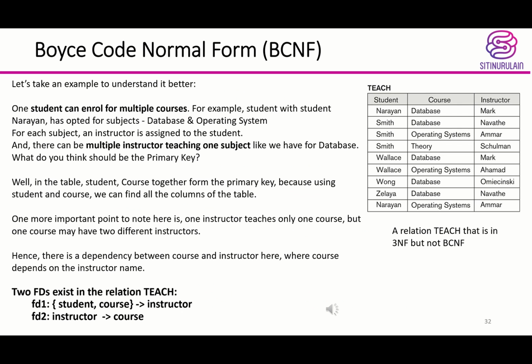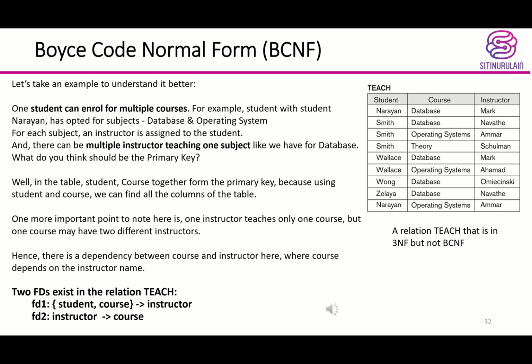Let's take an example to understand it better. One student can enroll for multiple courses. For example, the student Narayan has opted for the subjects database and operating system. For each subject, an instructor is assigned to the student. And there can be multiple instructors teaching one subject, like we have for database. What do you think should be the primary key?